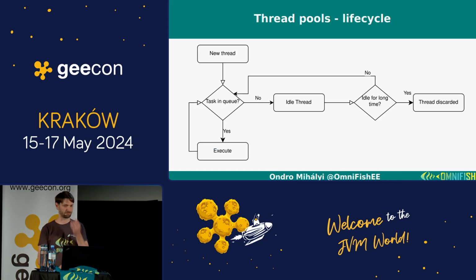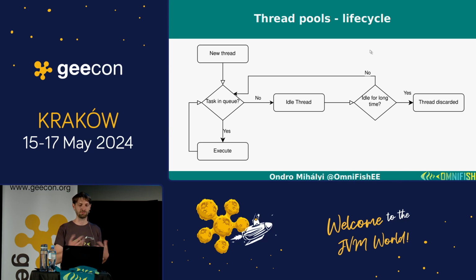This is how thread pools work, if you still haven't studied how it works. Thread pool, basically in Java, if you saw the executor service or executors, is the same thing. It's just a different name. Executor is basically a thread pool, or an abstraction, because you can have an executor that doesn't create thread pools, but usually they do.